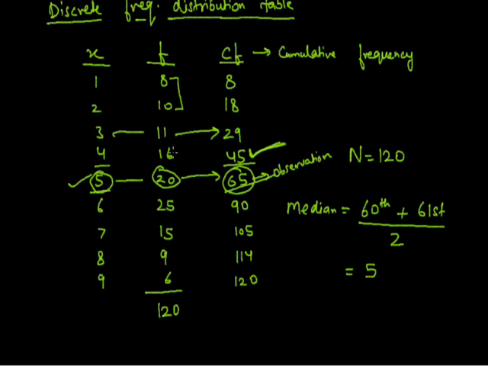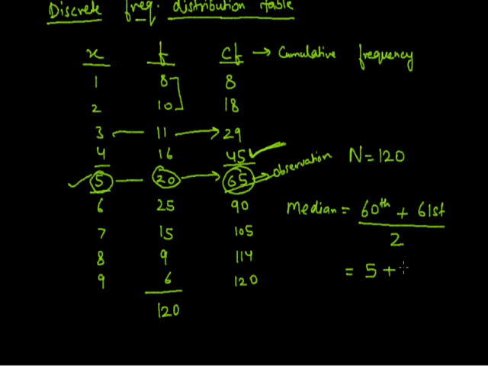So from 45 to 65, that is 20 observations, are 5, and these 20 observations include the 60th and 61st observations. It means both our 60th and 61st observations are 5.